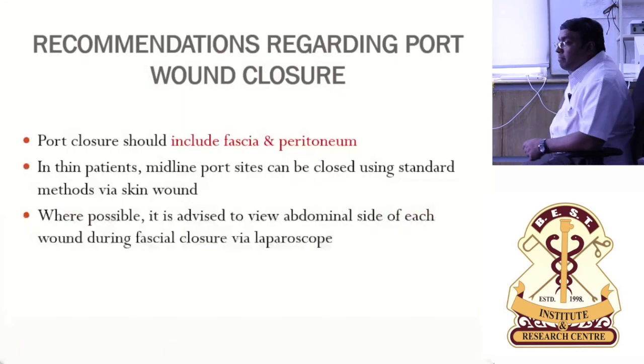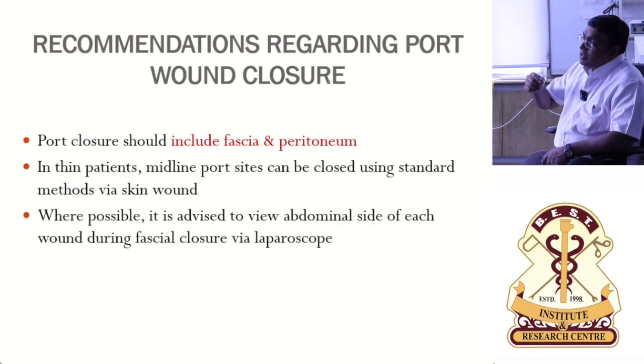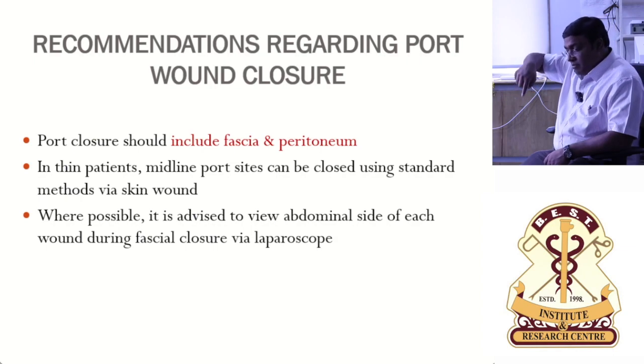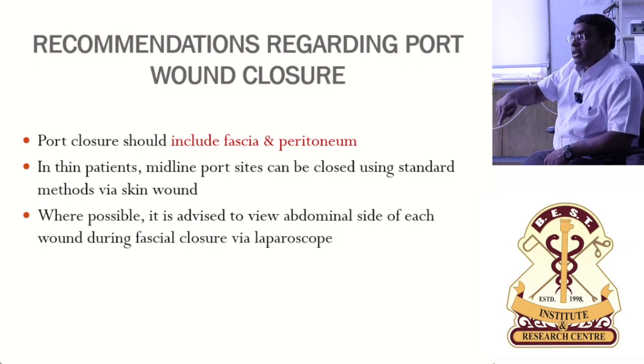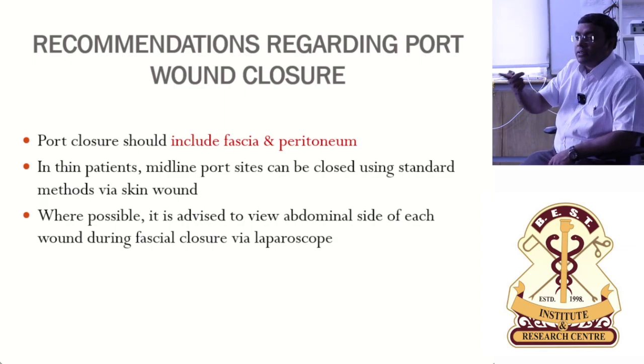What we do for transfascial closure is we go from inside of the incision, take the needle through the rectus sheath, catch hold of the suture material and come out, put a 10 centimeter length of the thread inside, and then through one side of the rectus sheath you go, catch hold of one tip and bring it out.